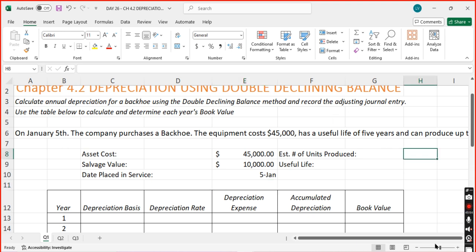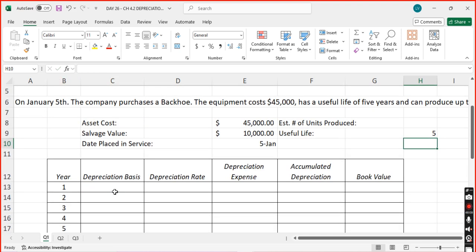All right, so what is the estimated number of units produced? In this case, we don't really care about that one. What about the estimated useful life in years? It's 5 years. So let's calculate our depreciation. The first step is determining the depreciation basis. What is my depreciation basis?